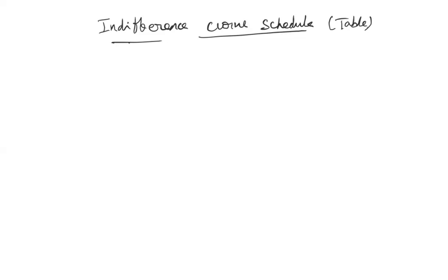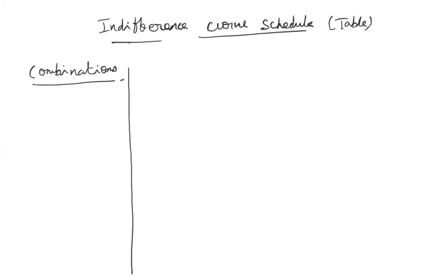Now, the first column we are having is combinations. Second column, commodity X. So we have taken Barbie dolls.